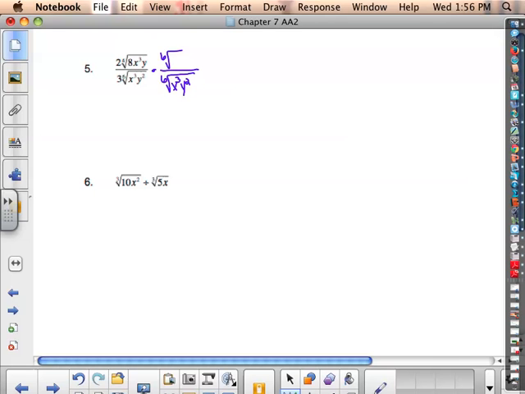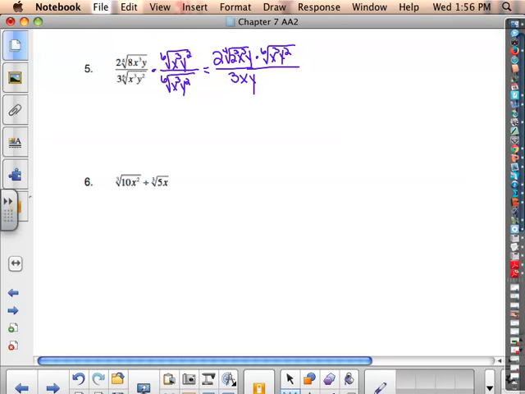Sixth root of x to the third y squared. So now I will have 2 fourth root of 2 to the third x to the third y times the sixth root of x to the third y squared, and that's all going to be over 3xy.